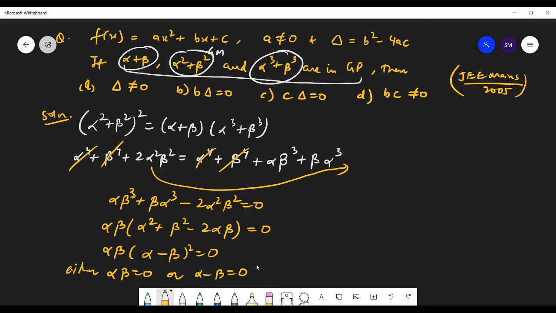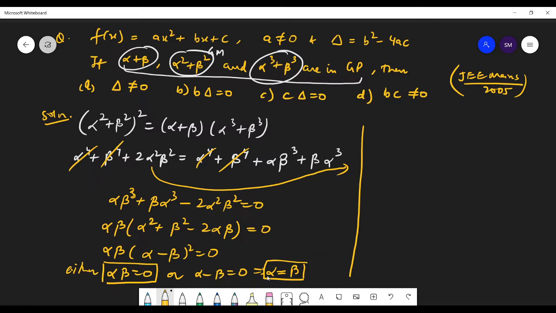Sir, here we can also put the value of alpha plus beta, that is minus b by a, or alpha beta, that is c by a. Okay, do it that way also. So from here we get alpha equals beta, and alpha beta equals 0.